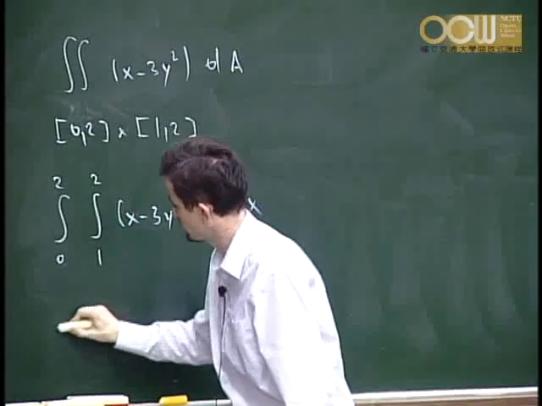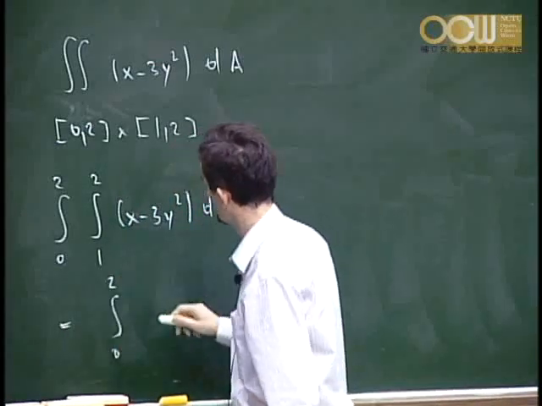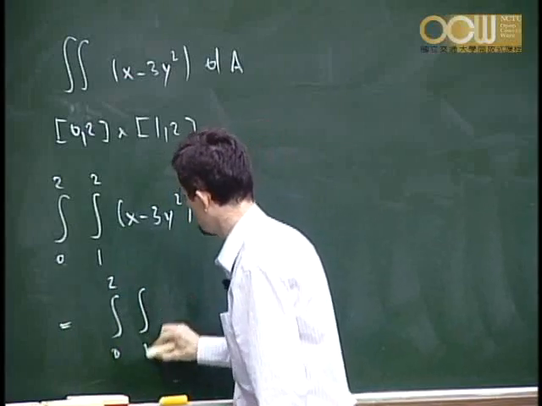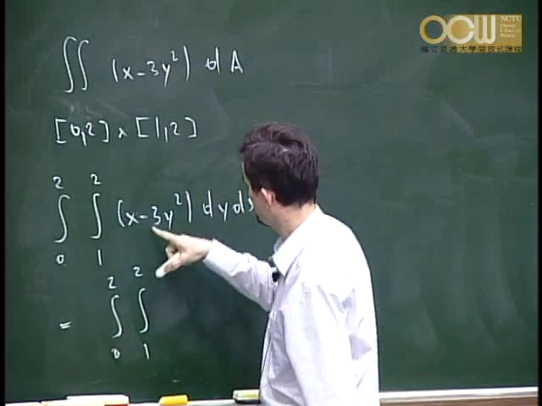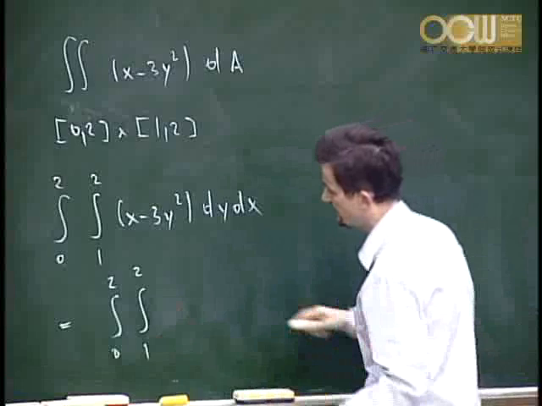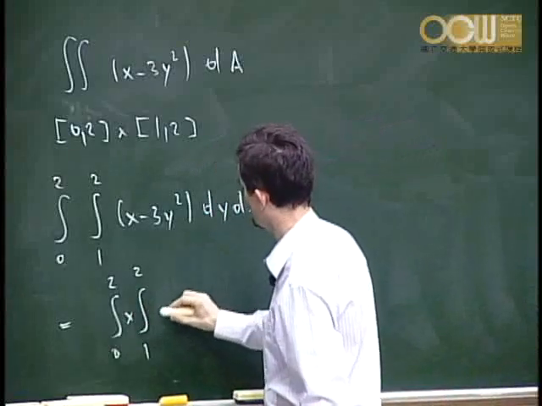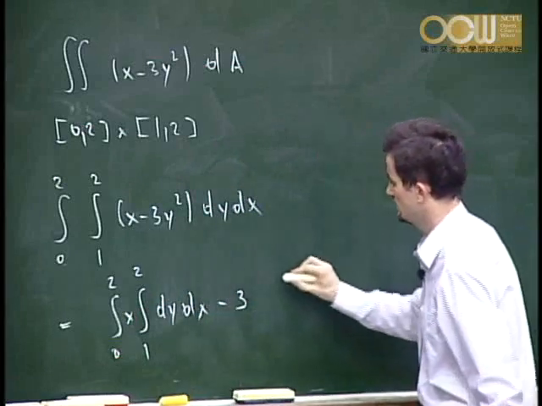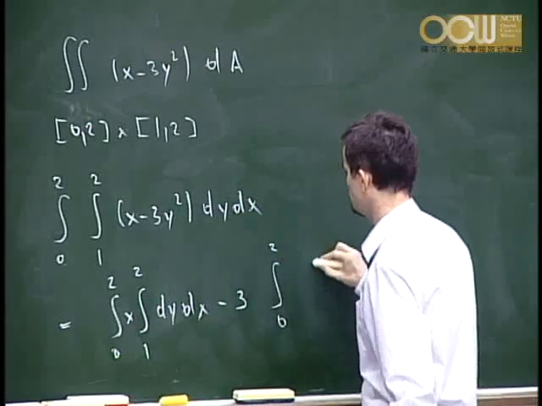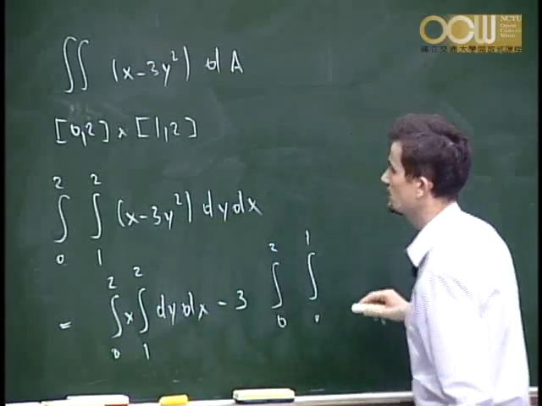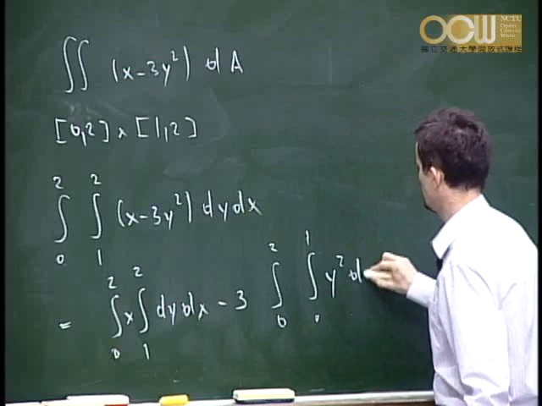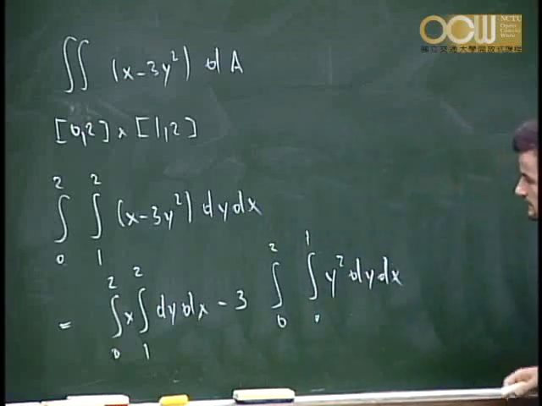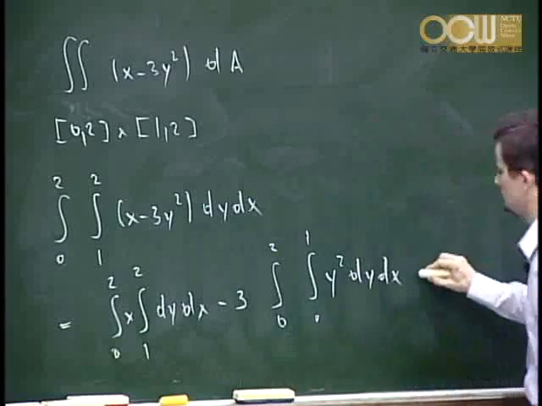Okay, so we have some rules. You can write this as the integral from 0 to 2, the integral from 1 to 2, and you can split this into two parts. Here you have x, dy dx, minus 3 times the integral from 0 to 2, the integral from 0 to 1, y squared dy dx. Now this is of course easy to compute.